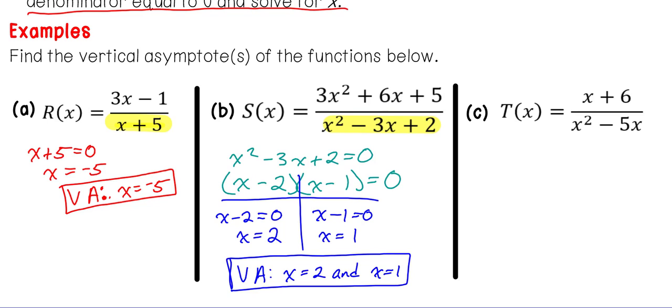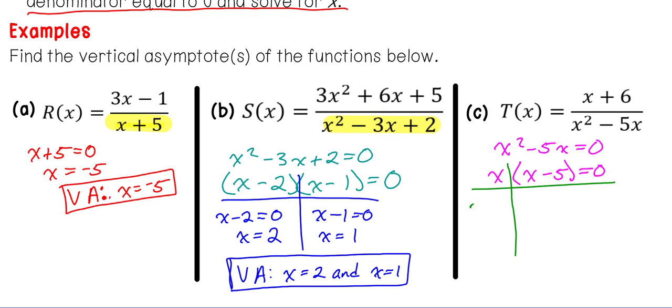So for the last one, same thing. We need to take our x squared minus 5x and set it equal to 0. In this case, we need to factor out an x and simplify into factored form. So x times x minus 5 equals 0. Split it out.